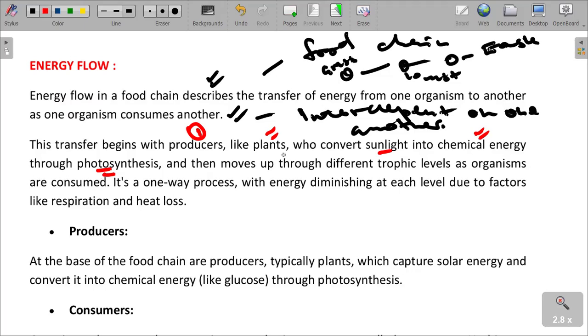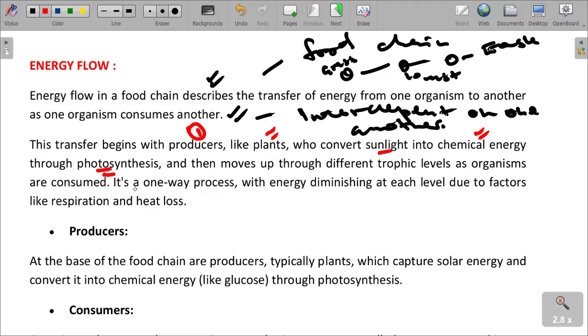Depending on the size of the habitat or the size of interaction, there is transfer of energy starting from the producer, a plant that converts sunlight energy into chemical energy, and then it moves up through the various trophic levels as organisms consume each other.